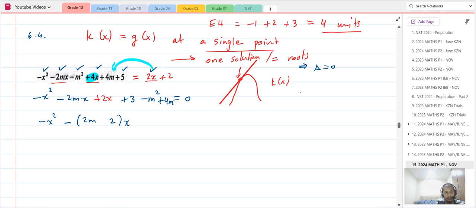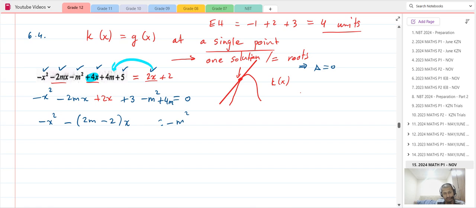Okay, so we have minus open bracket, we have 2m minus 2, so minus 2mx plus 2x, right? And now we have 3 from there, 4m and minus m squared, yes, plus 3 minus m squared. Let's write this in standard form.